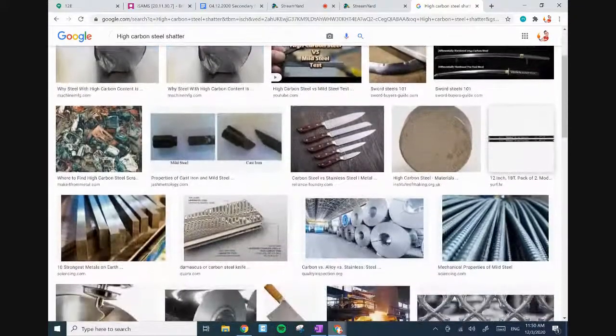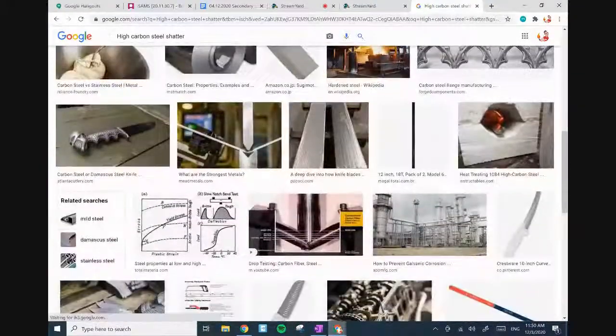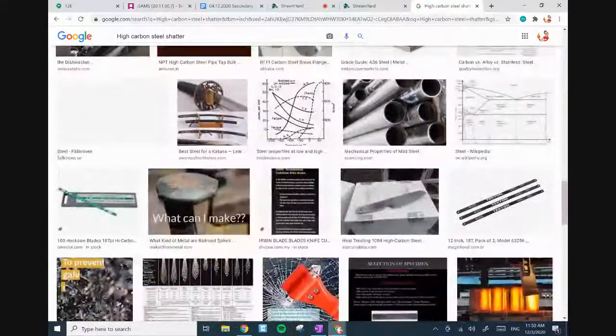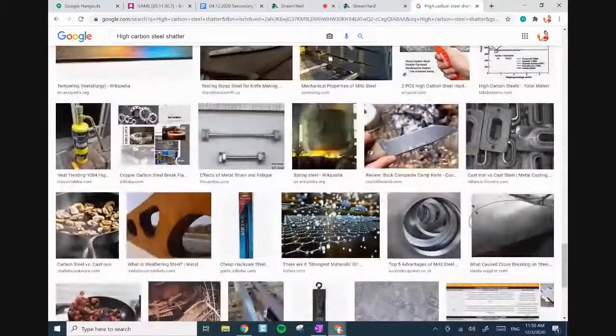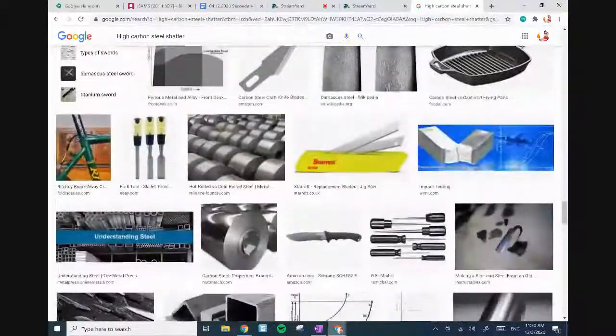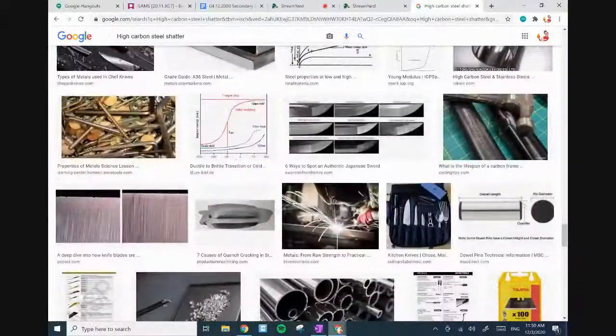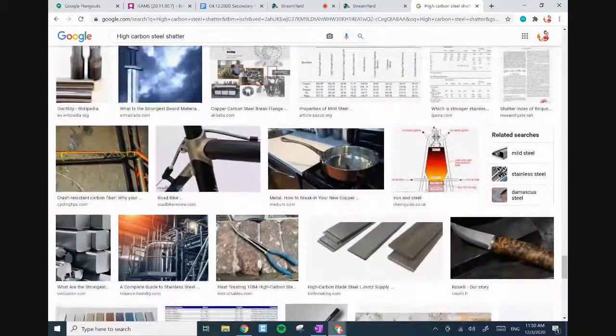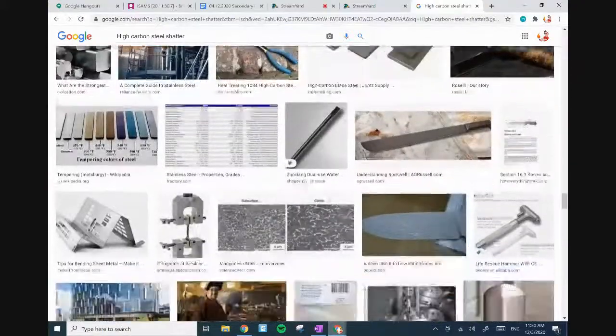Okay. So it's still not being very helpful, is it? It's rubbish. The internet's garbage. Come on. Samurai swords, high carbon steel. Samurai swords are actually much more complicated because they layer it. They have low carbon steel on the inside, and high carbon steel on the very outside.